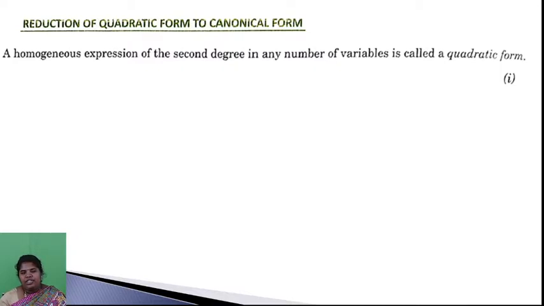Now a homogeneous expression of the same degree in any number of variables is called quadratic form. Homogeneous expression means in each and every term the powers should be same, and we are going to consider a second degree homogeneous equation.